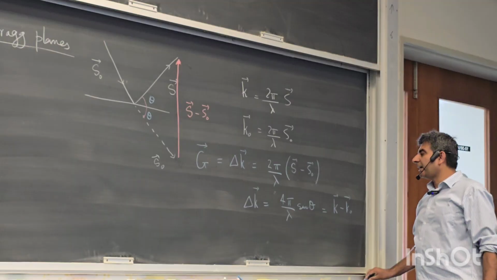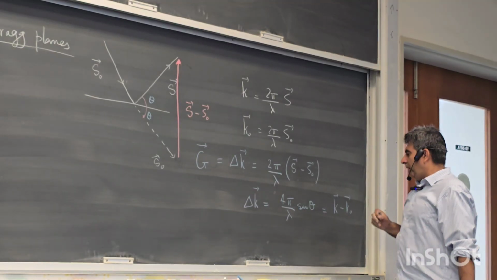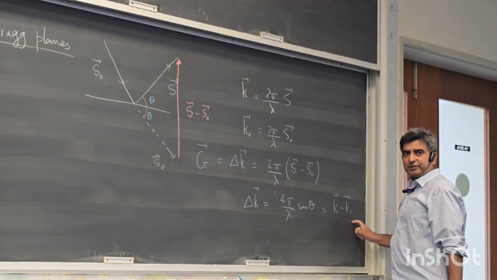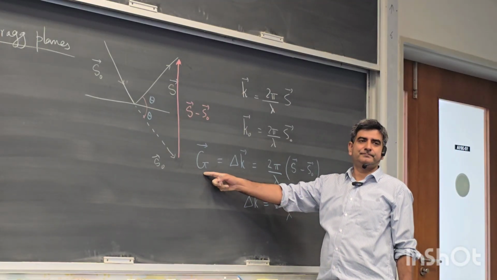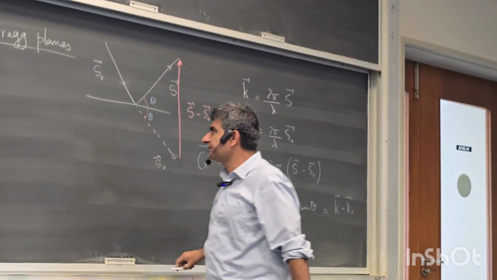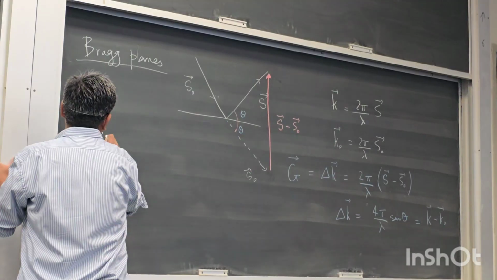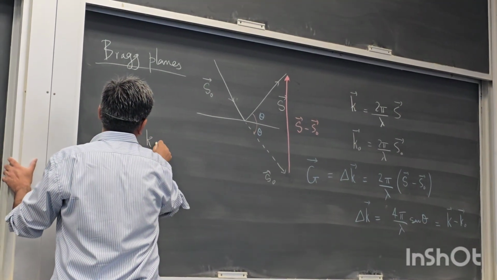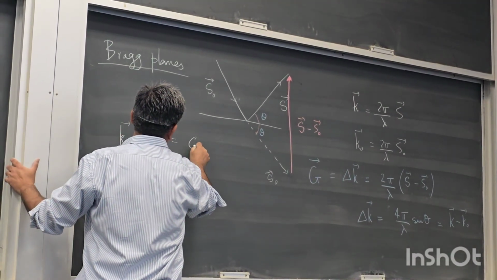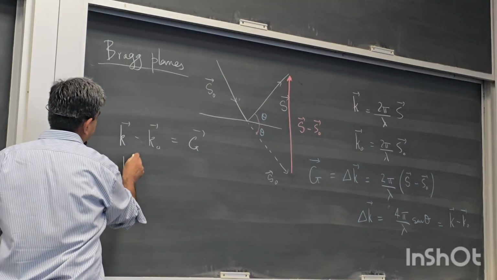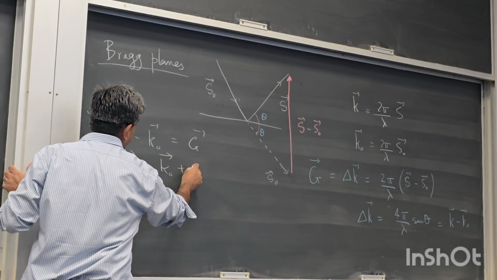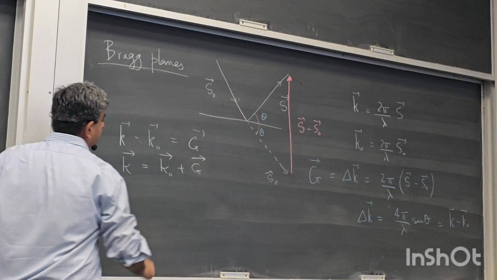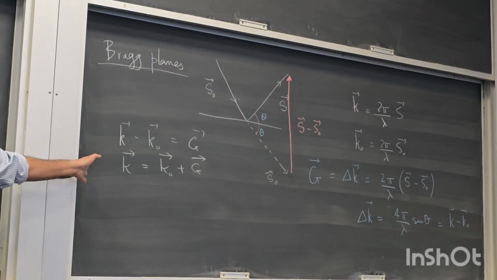So now if I look at k minus k naught, which is equal to this, it must equal g. So k minus k naught equals g. Let's rearrange: k equals k naught plus g. Now here we're talking about X-ray diffraction, by the way, okay?